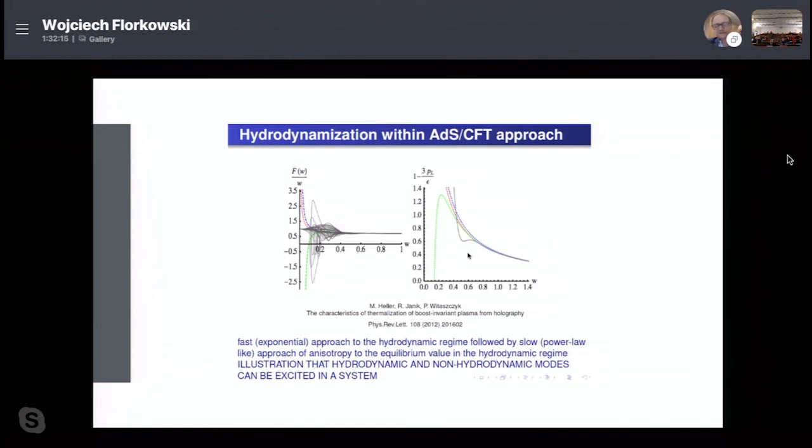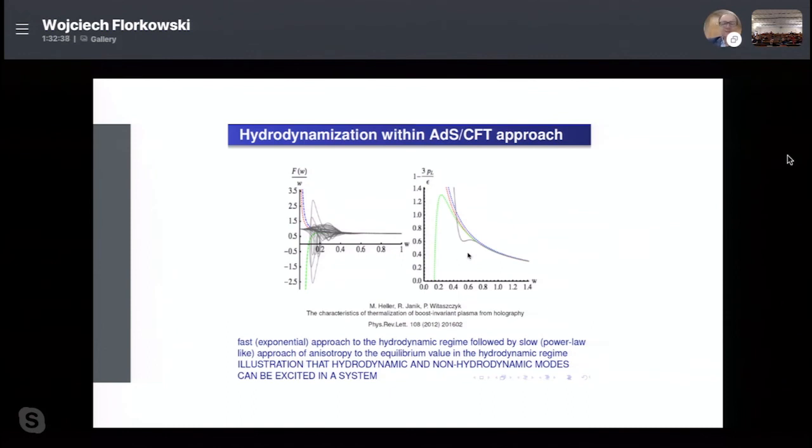But this is a very nice illustration, and whenever you have a model which is solvable exactly, you can ask questions within this model and answer them. So this shows that there is really this kind of hydrodynamization.